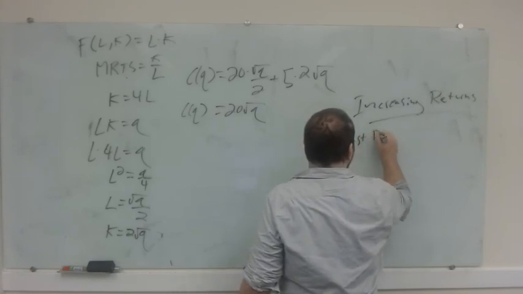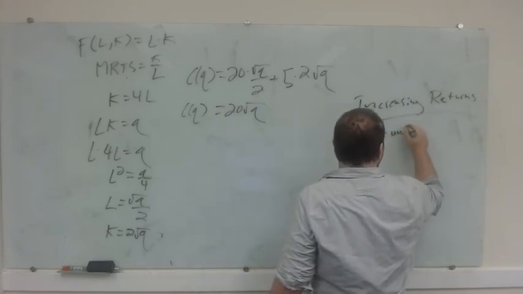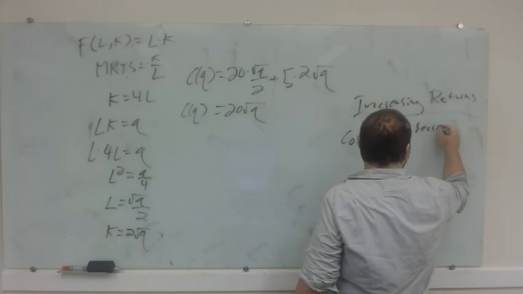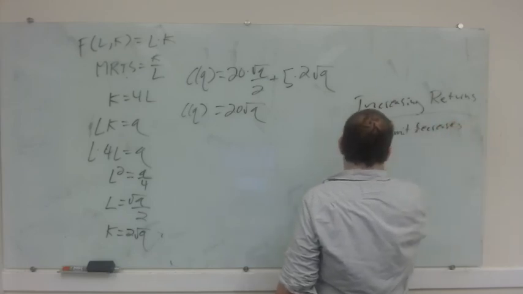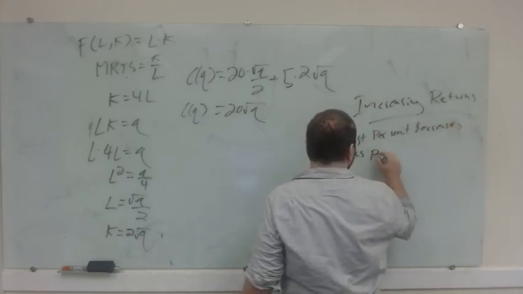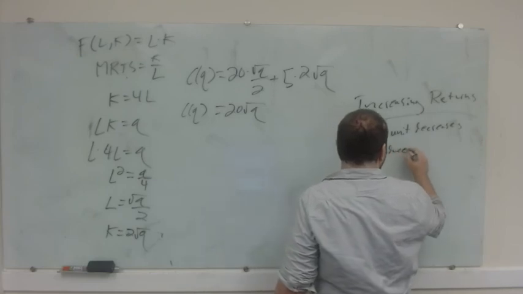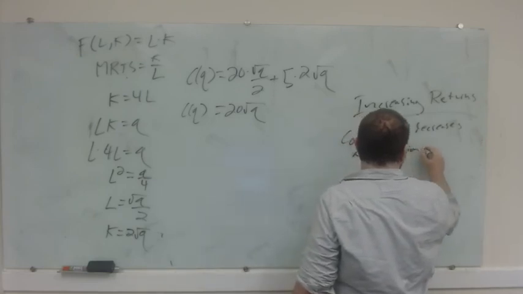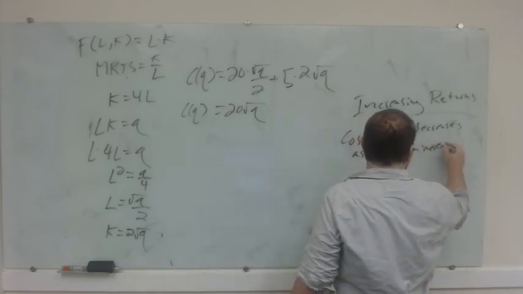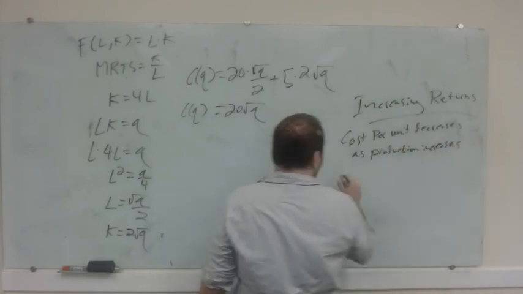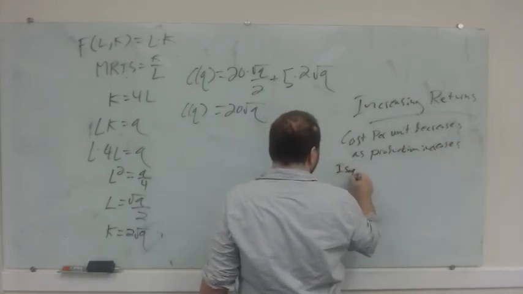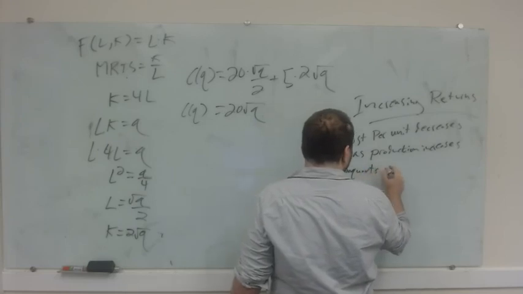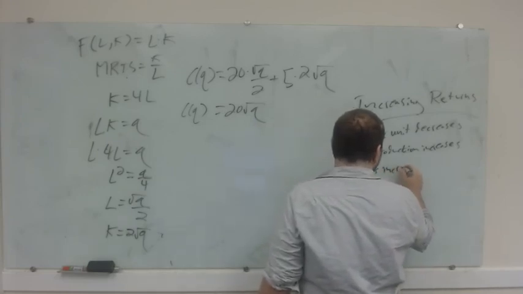Cost per unit decreases as we produce more units. Production increases, and isoquants become increasingly close.